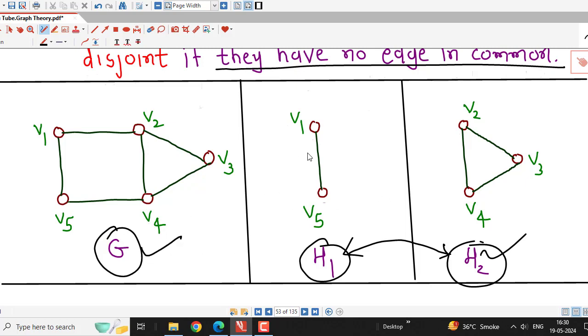And as I discussed, if two subgraphs are vertex disjoint, then they are always edge disjoint, and we can see that here there are no edges common. In H1 we have taken this edge of graph G, and in H2 we have taken these three edges of graph G. So no edge is common in H1 and H2, therefore these two are edge disjoint also.